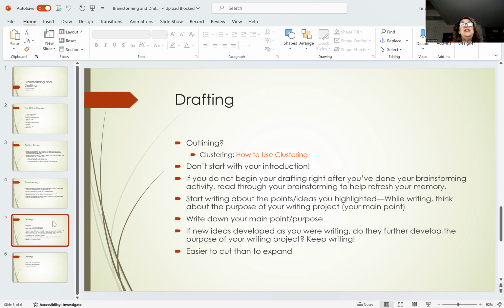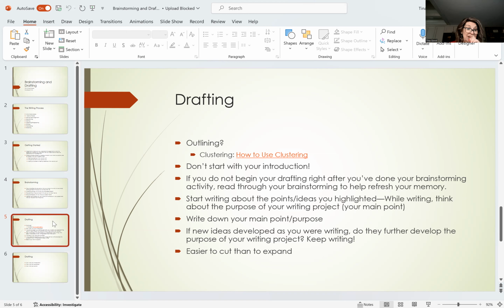What I do think might be better, and by the way, that once again assumes that you're writing a short essay, 2 to 5 pages. A longer work might require you to do a little outlining so that you have a direction for your overall project. But rather than outlining, what I think might be more useful is that you use this idea of clustering.